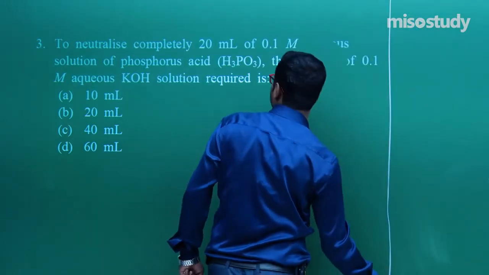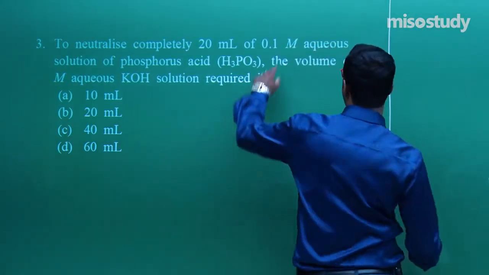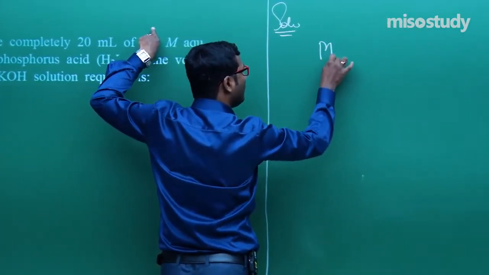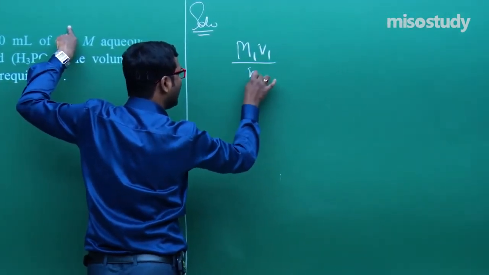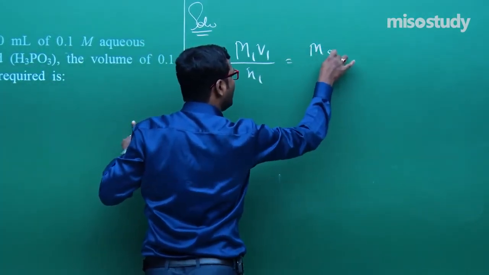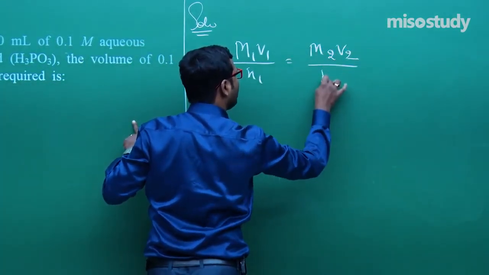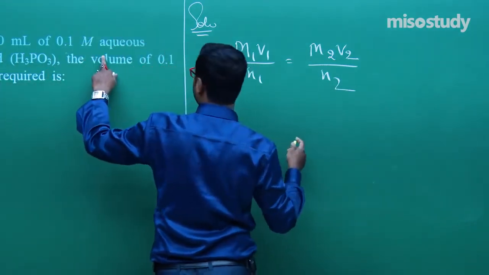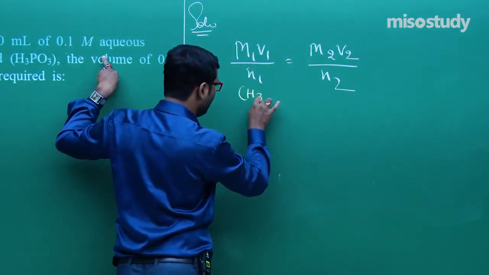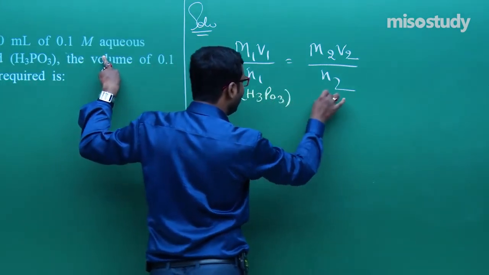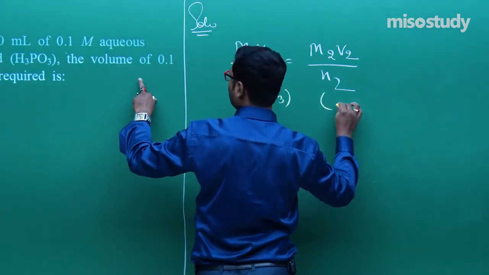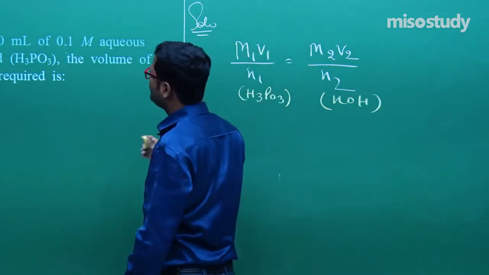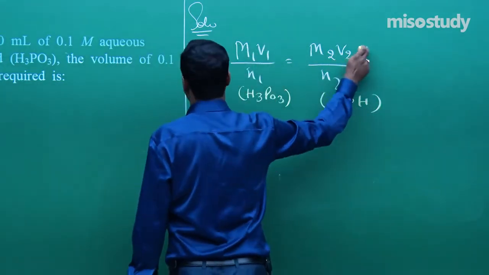So we know in this case what is given here, molarity, that is M1V1 upon N1 is equal to M2V2 upon N2. This is for H3PO3, clear to you? And this is for KOH. Now we have to find the volume of KOH to neutralize.